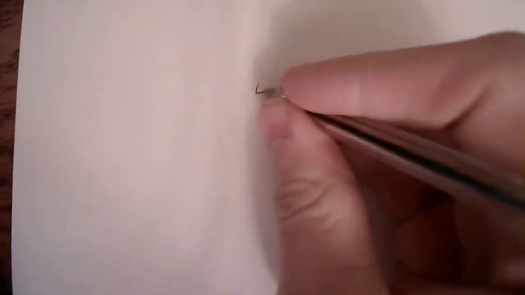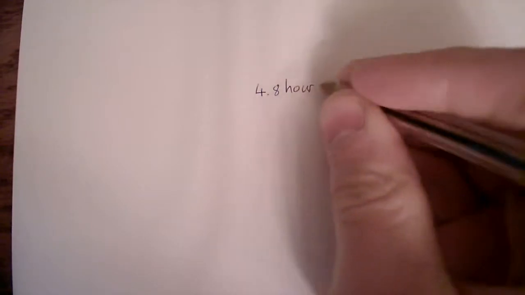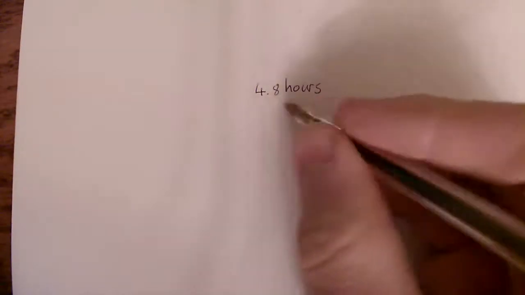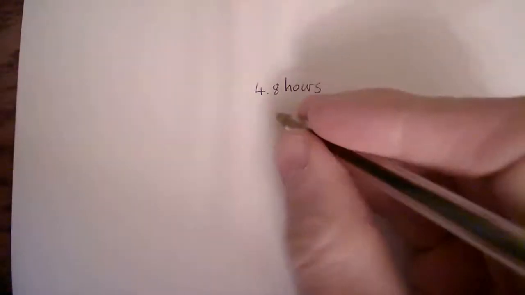The key one of those is that if I write something like 4.8 hours, well, I want to know how long is that? 4.8 hours is not in hours and minutes. And there's two key misconceptions I want to avoid.